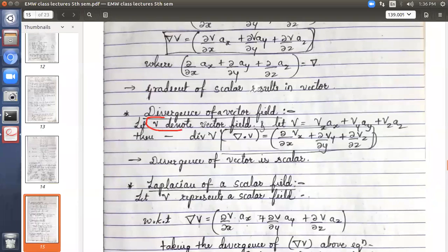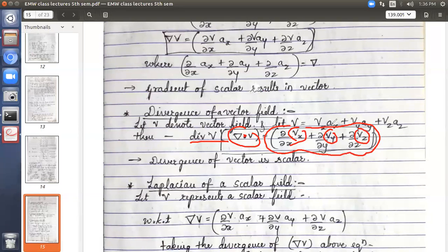So if we denote a vector field with three different coordinate values, then divergence of V, or del dot V, is equal to dou by dou x, dou by dou y, dou by dou z dotted with V, that is, V is your Vx, Vy and Vz.